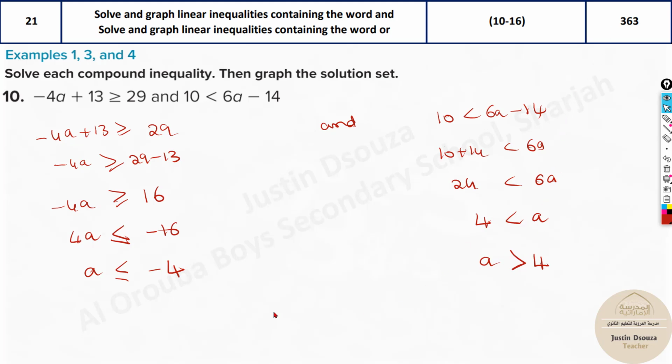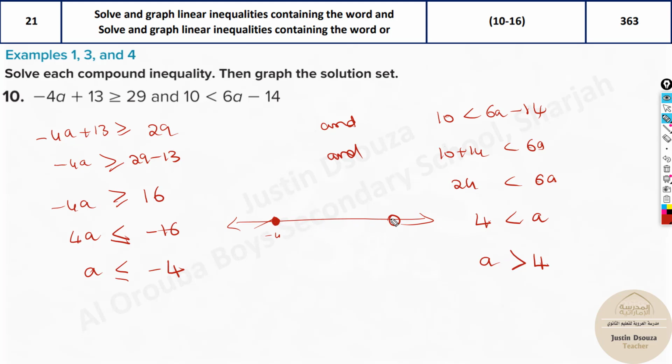Now if you look carefully, if you draw the solution set, what is it? Is it possible? This is "and". See, always it's "and". For "and", we must always have the solution set something like this. Now since it's an inequality, let's have minus 4 somewhere over here. This is less than or equal to, so it's a point, and 4 is somewhere over here, it's a hole.